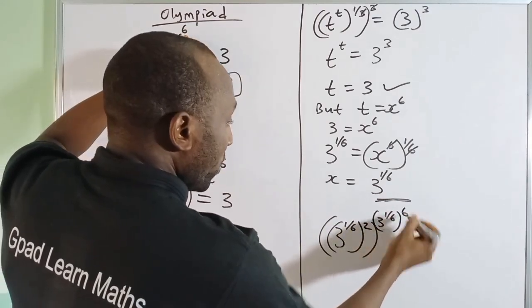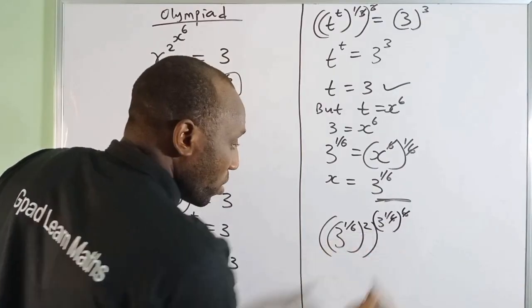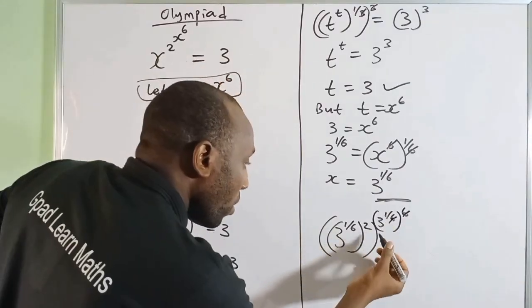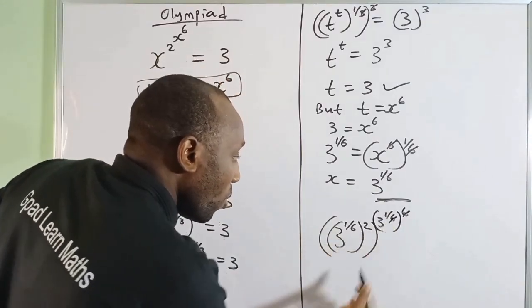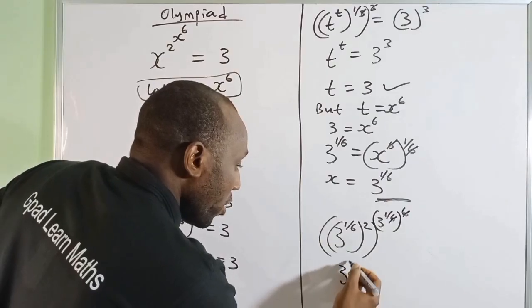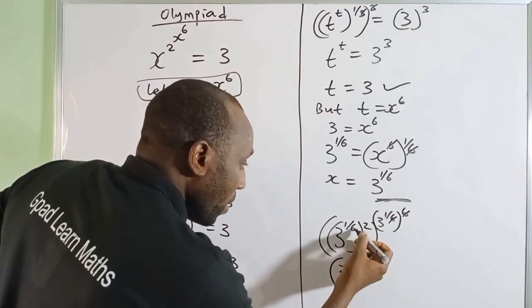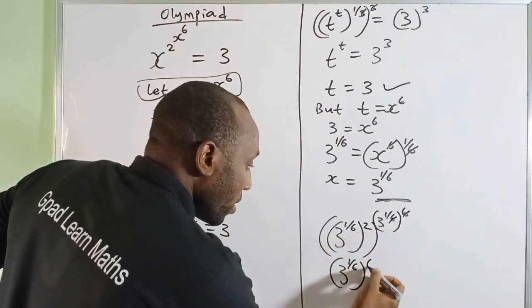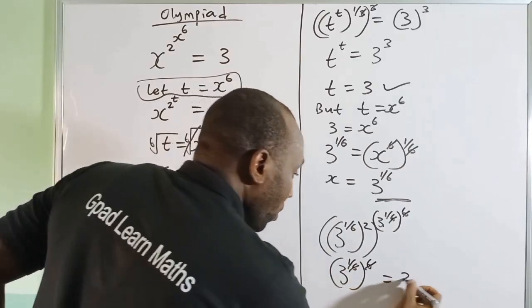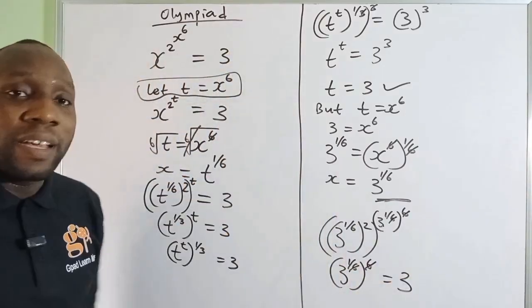This is really interesting. Now watch this. 6 will cancel 6, and that is gone. So this is 2 times 3, which is 6. That's 3 raised to the power of 1 over 6 times 2 times 3 is 6, and 6 will cancel 6. That is 3, and it is 3 that we have on the right hand side.